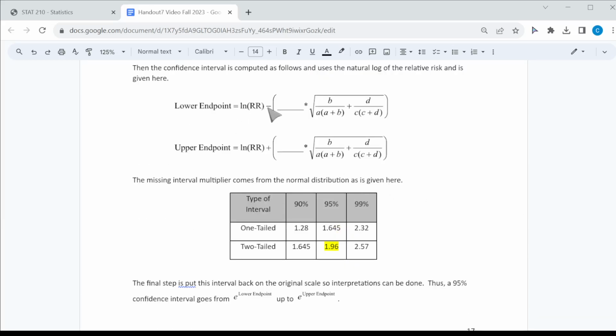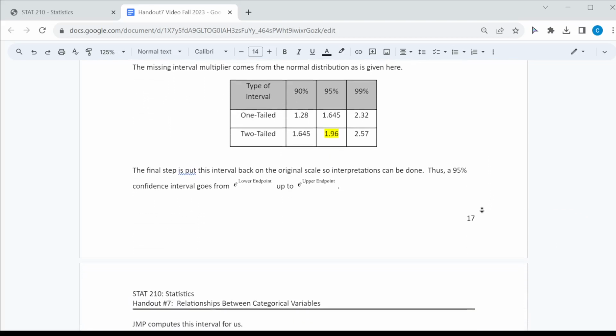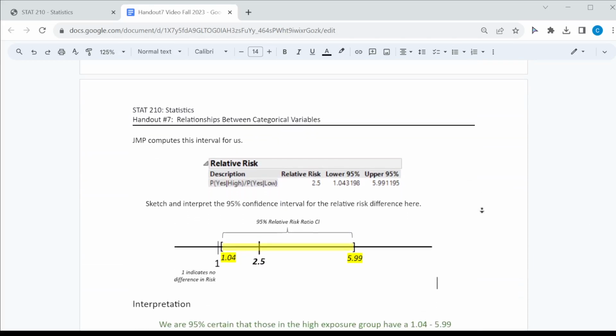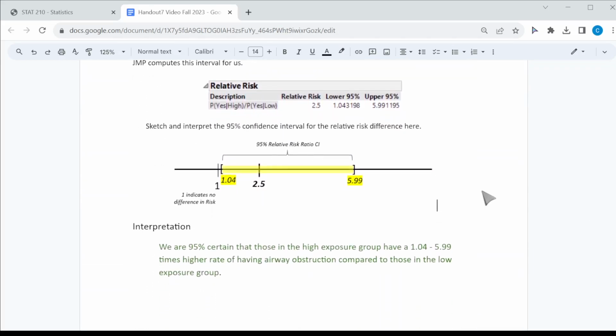So the amount that we're subtracting, right, this quantity here would be the margin of error, and the amount that we're adding is the same on the natural log scale. But when I raise that to the power of e, those aren't symmetric anymore. So one unique thing that happens when I compute margin of error quantities for ratios is that the negative margin of error and the positive margin of error are not going to be the same.